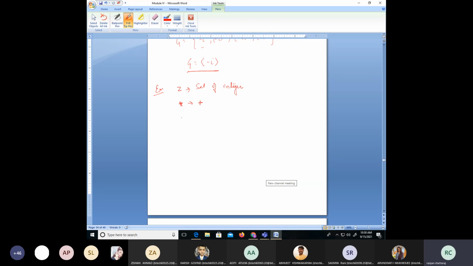Then we know that Z is a group. Then is it cyclic? Is it cyclic?